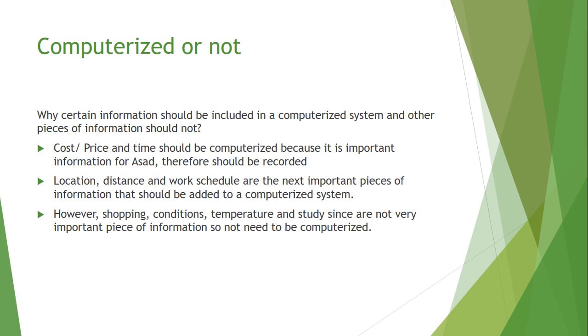Location, distance, and work are counted as being the next important pieces of information and should be added to the computerized system. However, the shopping, conditions, temperature, and the study plan are not very important and thus do not need to be computerized, or that information can be collected when needed.